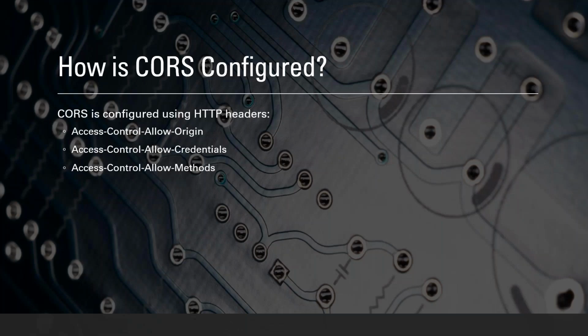So to configure CORS, and if I'm going too quickly, let me know, because this is actually very, very simple. CORS is just configured using HTTP headers. And by and large, most of you probably will never run into this. The only places where you're going to run into this is if you are building a web service, which is our demo today, or if you're configuring your Amazon S3 buckets and you don't really understand what is meant by allow-origin, allow methods.